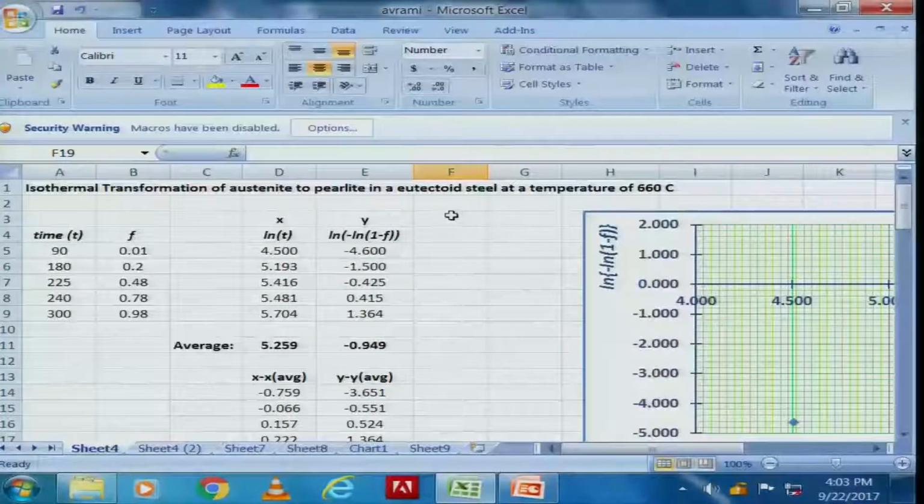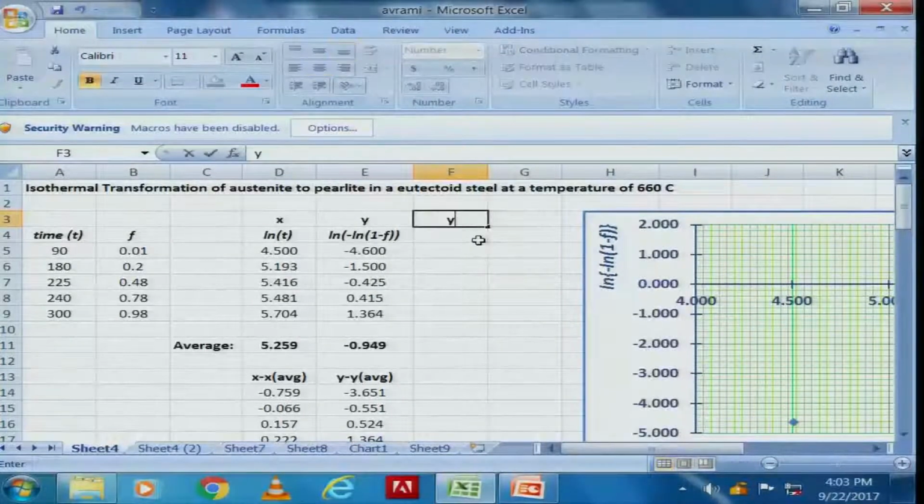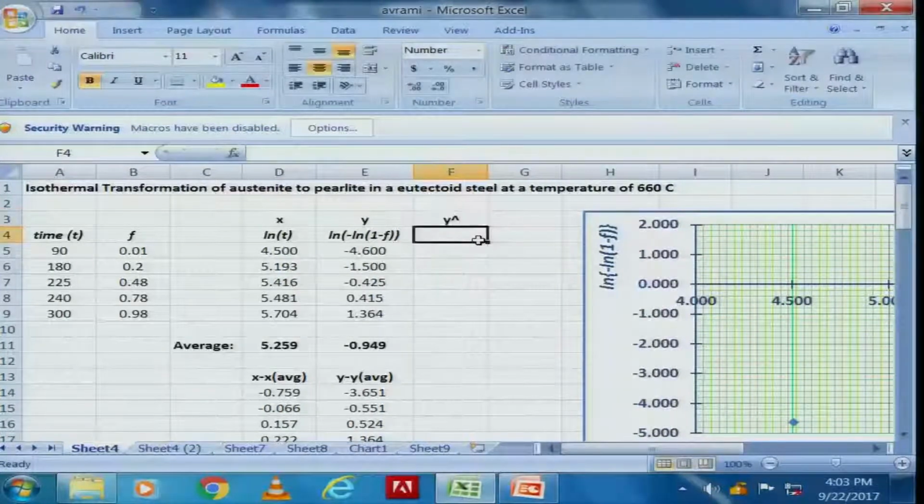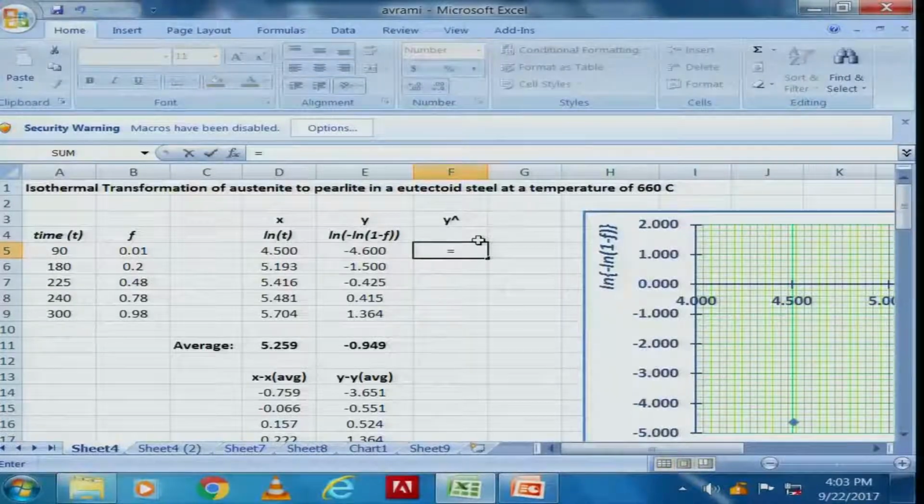So, let me call the estimate for y for the individual x values as y cap, and below it I will make a plot of A0 plus A1 x for the individual x values.